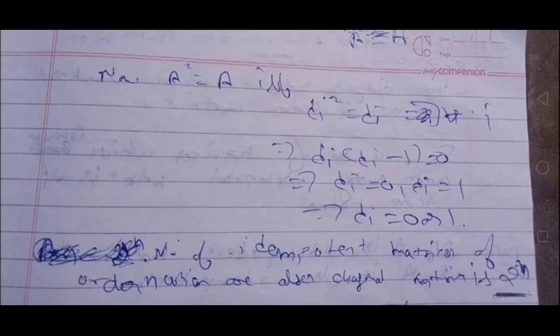Now A square is equal to A if and only if di square is equal to di for all i, which implies that di into di minus 1 is equal to 0, which further implies that di is equal to 0 or 1. So you can see we have only two choices for the diagonal entries, which are 0 and 1. So number of idempotent matrices of order n which are also diagonal matrix is 2 raised to power n.